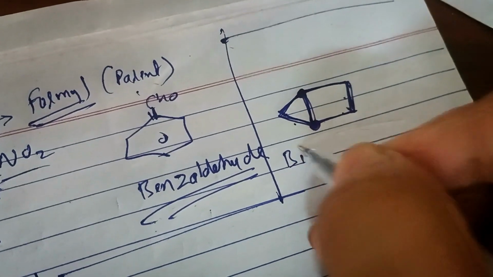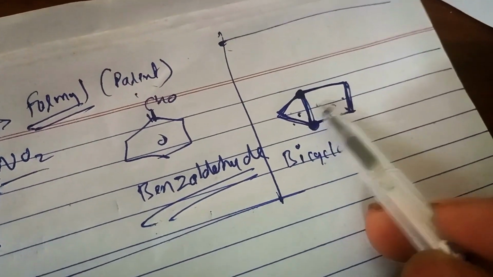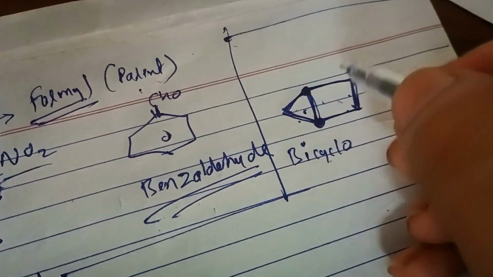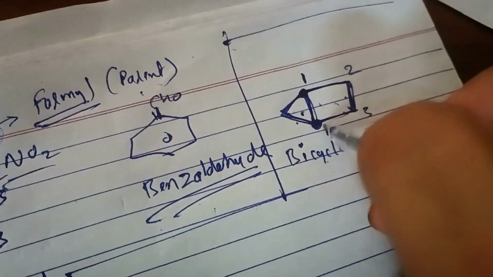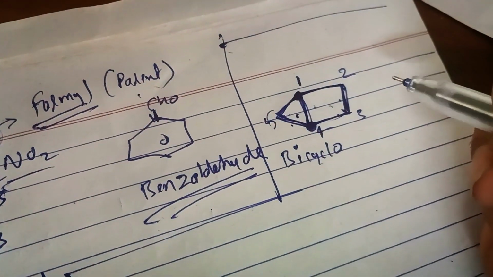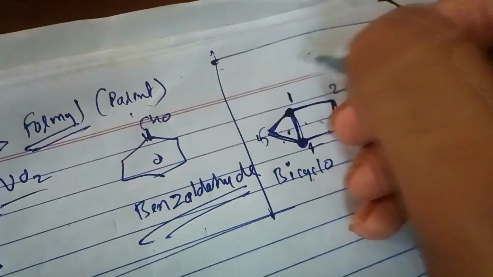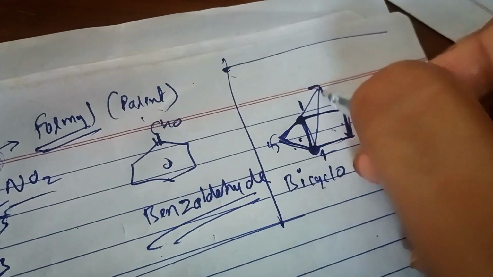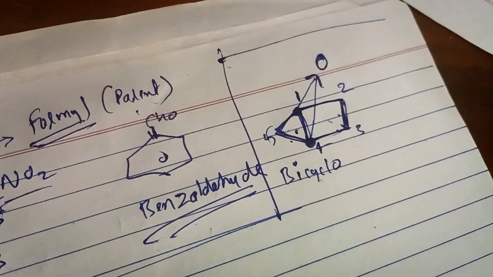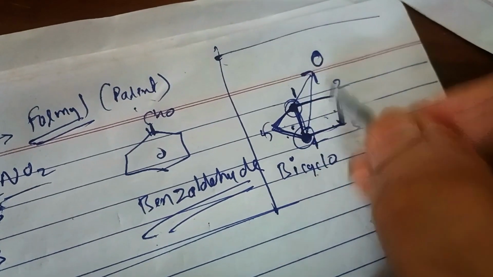So bicyclo, since there are two rings, and start numbering from the longest chain, 1 2 3 4, and this is 5. There is a 4, but we have to consider the fused carbons. Both fused carbons are considered as 0.